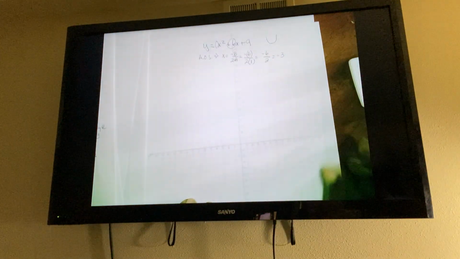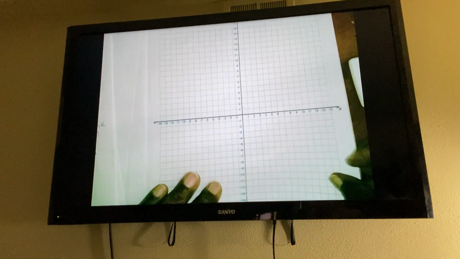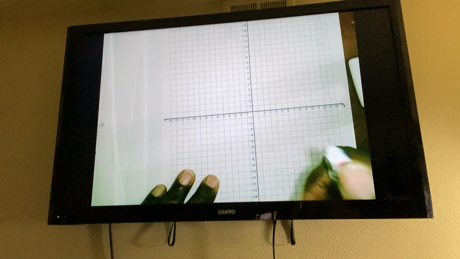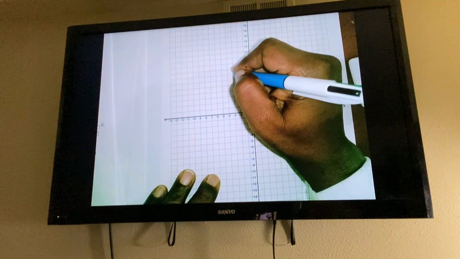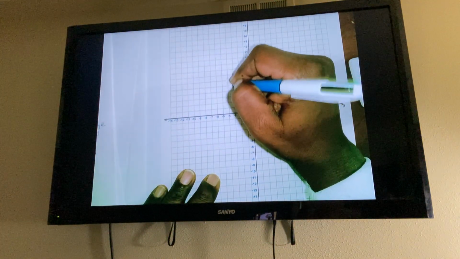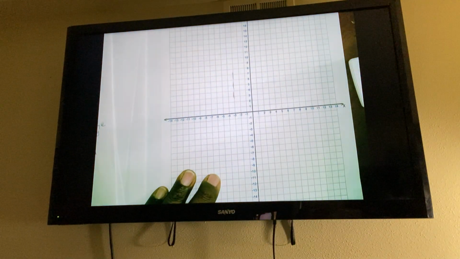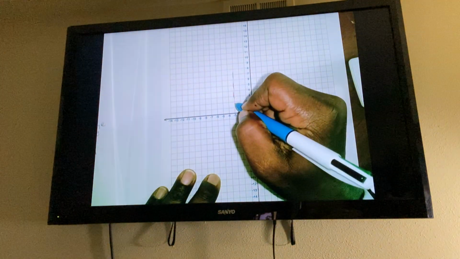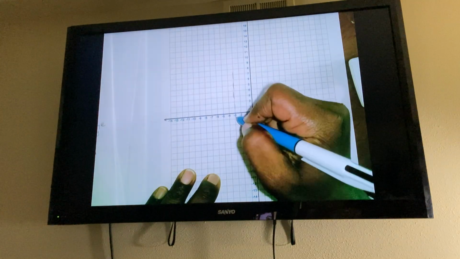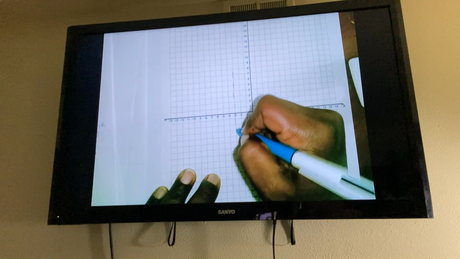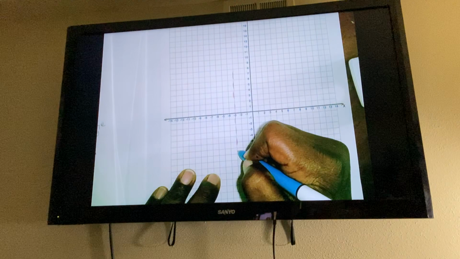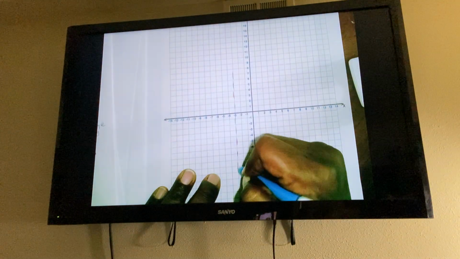So our axis of symmetry, if you drew your graph, is running along x equals -3. Okay.